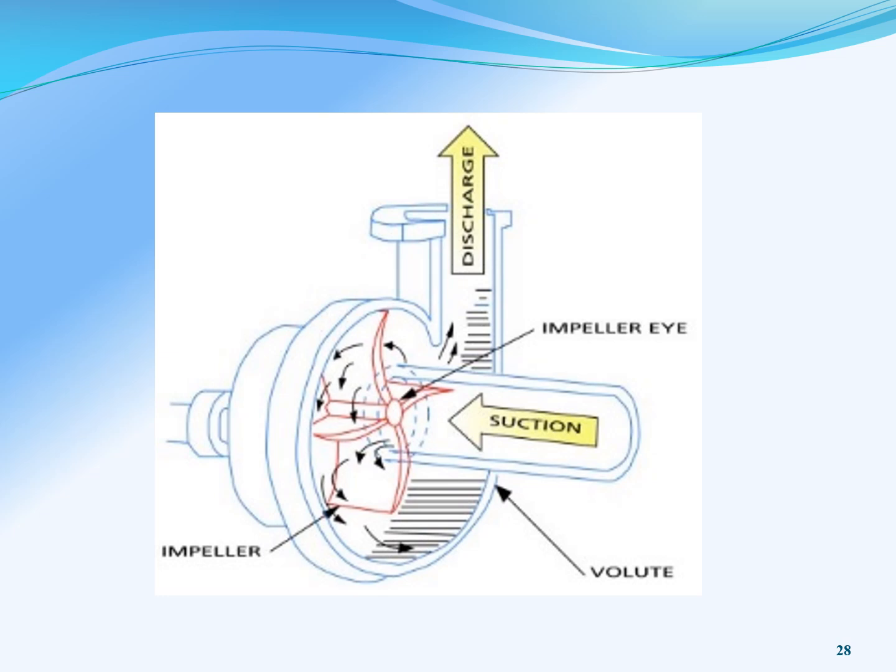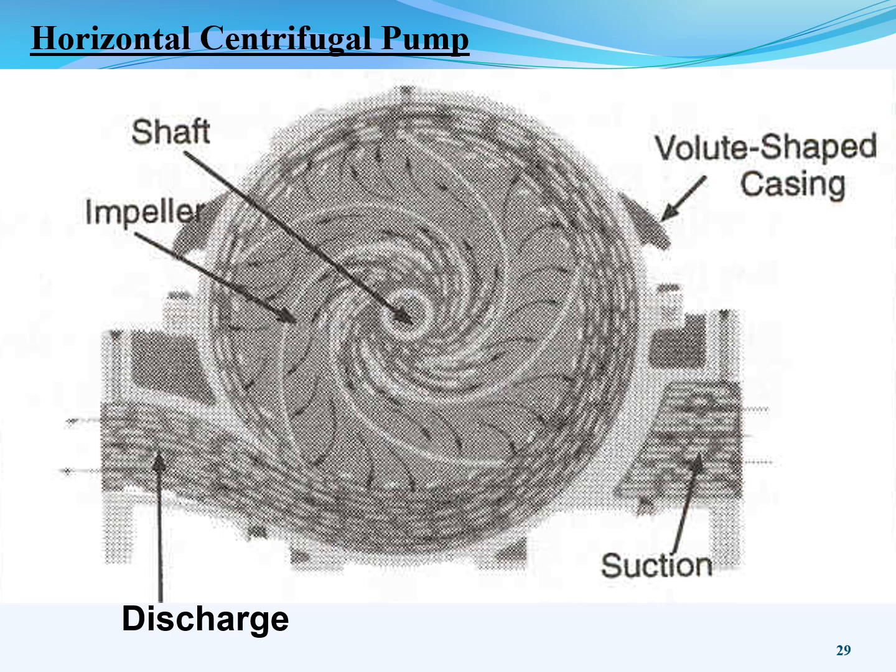And this is the radial style. Another good schematic to help it all make sense if it's not already. But water comes in, it is sent out into the vanes here through centrifugal force, and then into the volute, and then discharged out into the system.